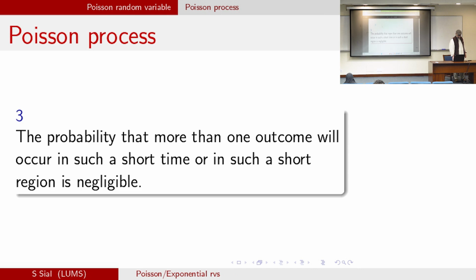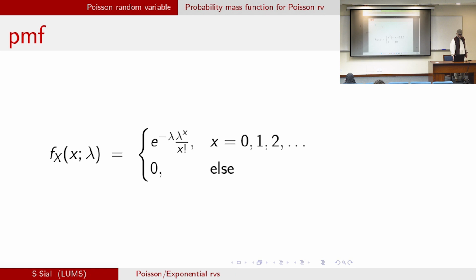And you can find small enough regions or small enough intervals to look for a success such that the probability of very many successes is negligible. And then this is what you get. As we said before, the probability of x successes with an expectation lambda is e to the negative lambda, lambda to the x over x factorial.